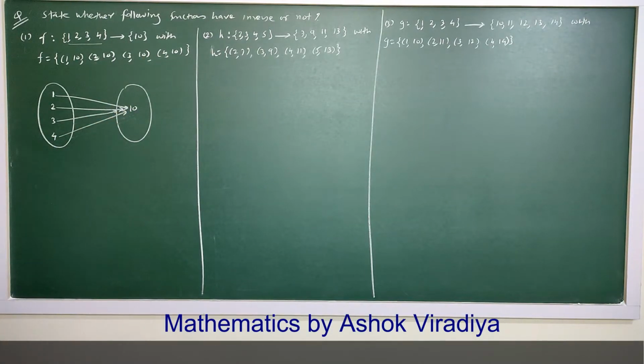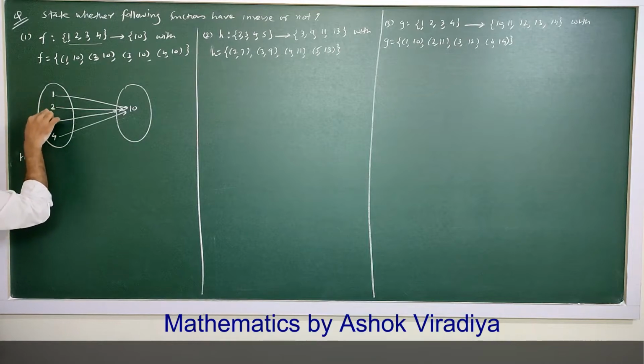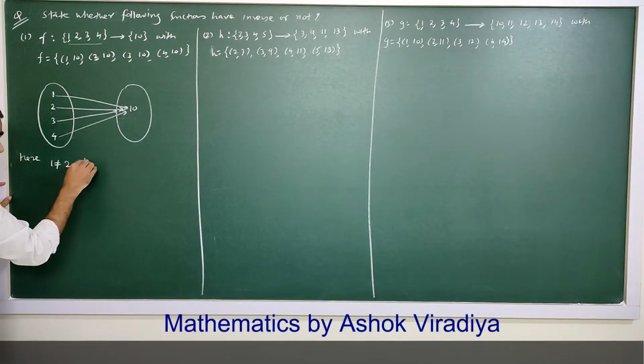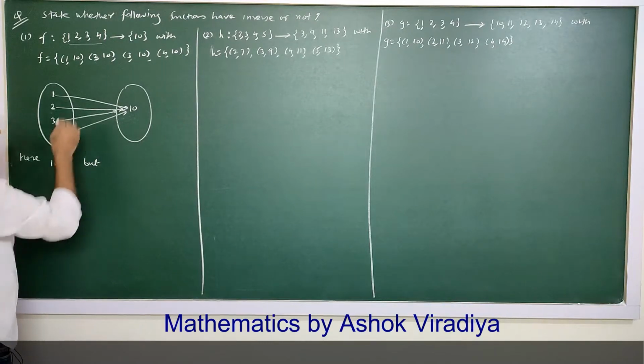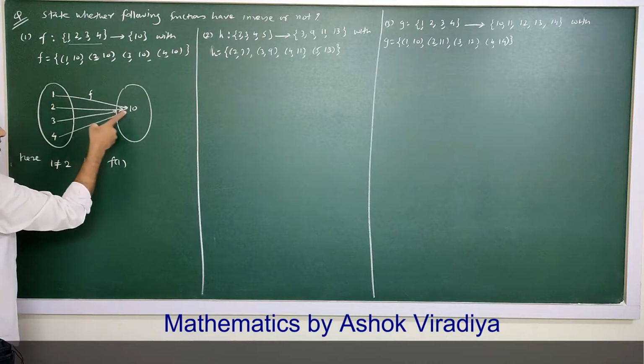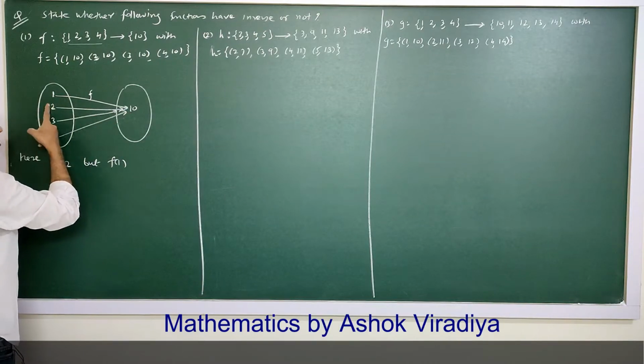You can see that the function is many-one. It is not 1-1. See here, 1 is not equal to 2, but under f, the image of 1 is 10, the image of 2 is also 10.